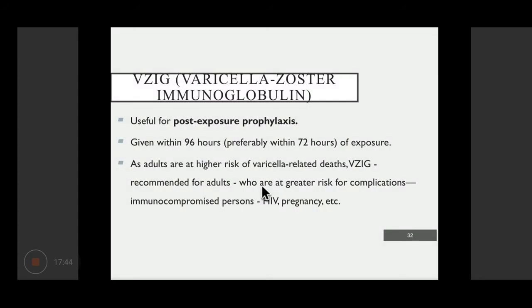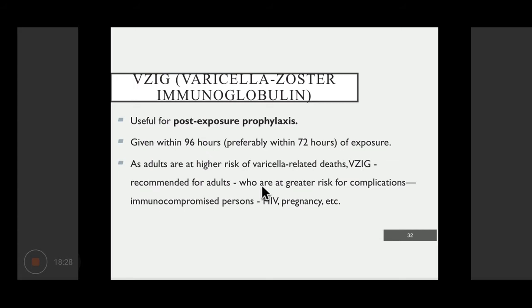Then we also have varicella zoster immunoglobulin, which is a part of passive immunity. It is usually used as a measure for post-exposure prophylaxis, and it has to be given preferably within 72 hours of exposure. These are nothing but immunoglobulins that are specific for varicella zoster virus. It may be given in certain situations, for adults who are at higher risk of varicella deaths, or immunocompromised patients like HIV, or women during pregnancy when they have been recently exposed to this disease.